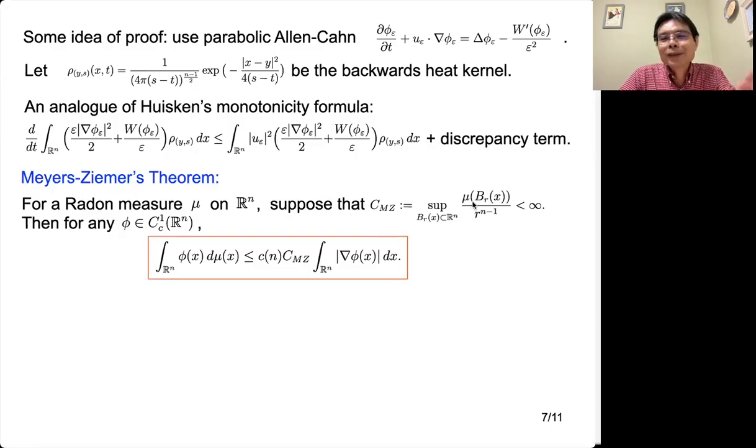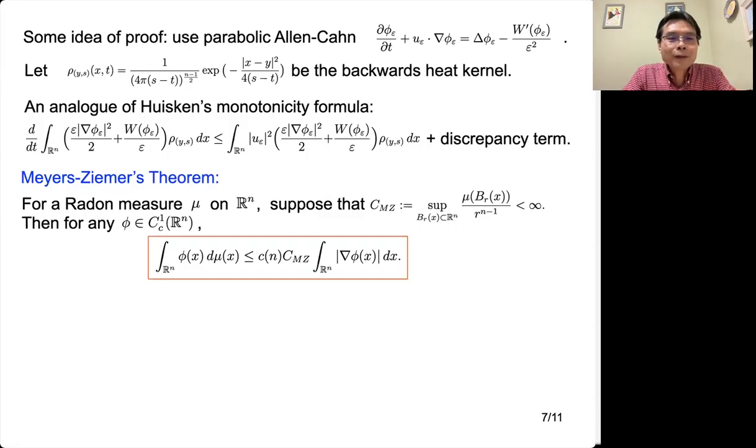This surface, this boundary, doesn't have to be regular at all. It could be very irregular, but as long as this quantity is bounded, you have this nice formula. That's a very nice way of controlling the integral on the surface in terms of the value outside.